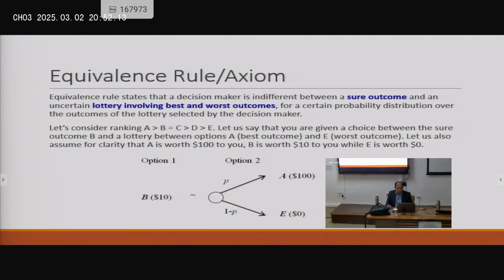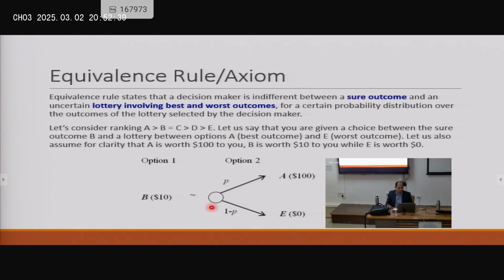Option 1 is you get B for sure. Option 2 is some lottery between A and E. So it is important here that we put the best outcome here and the worst outcome here, and then we have some probabilities.